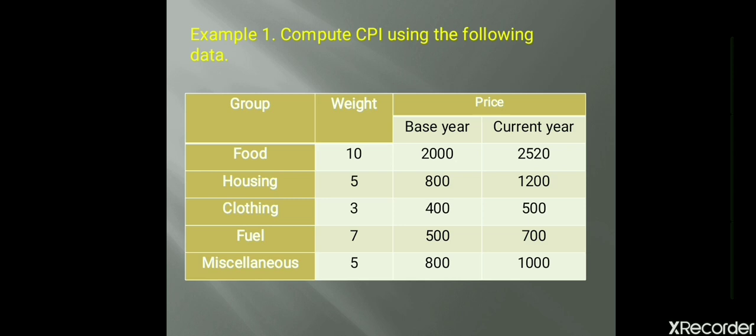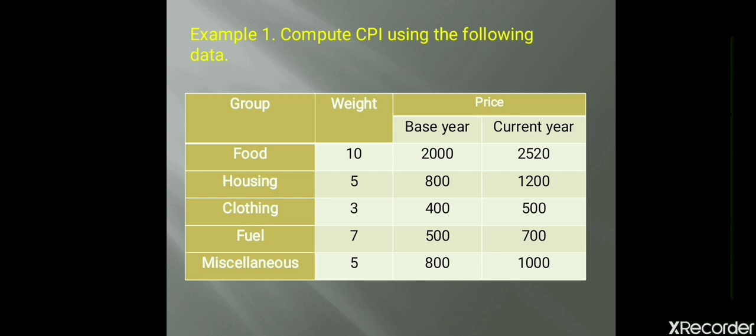The first column heading is group, with items food, housing, clothing, fuel and miscellaneous. The second column heading is weight, and the values are 10, 5, 3, 7 and 5.